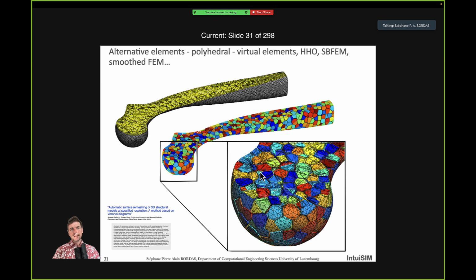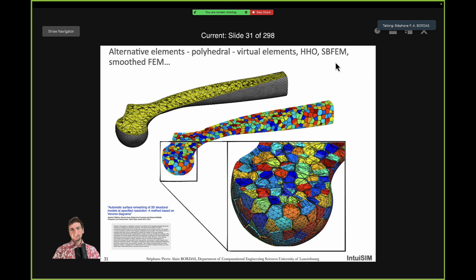So for example, there is quite a lot of work done in polyhedral elements using various approximation schemes, in particular virtual elements, HHO, smooth boundary finite elements, smooth FEM.